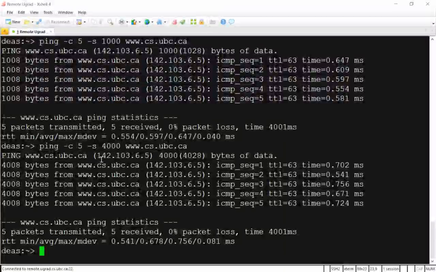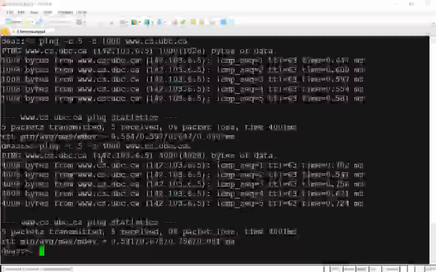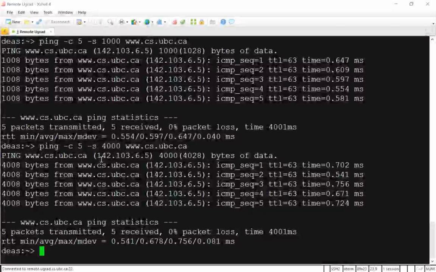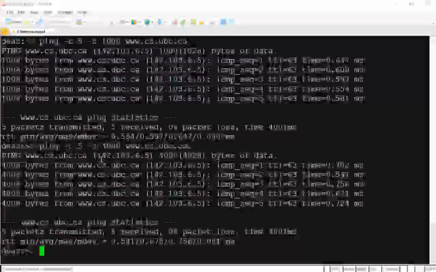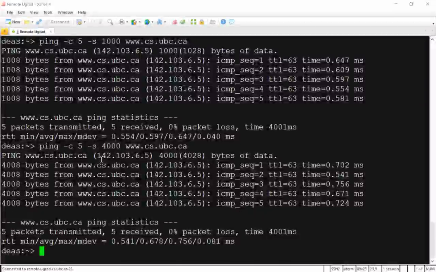One of the things we can do is ask how much data I am moving between my site and that other site. I moved 4,000 bytes, well, 8,000 bytes actually, because you sent 4,000 there and 4,000 back. Depending on what you want to calculate, if you ask how many bits per second or bytes per second I am moving, you could divide in half, because you're only interested in going one way.